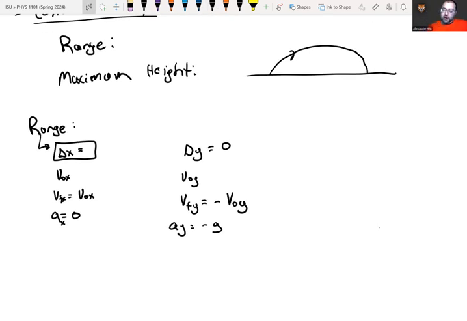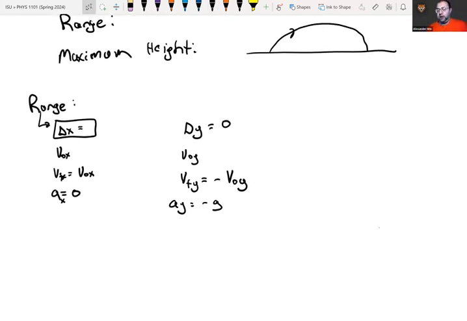All right. Now, this is how we're going to find delta t. We have delta y equals negative 1 half g delta t squared plus v naught y delta t.